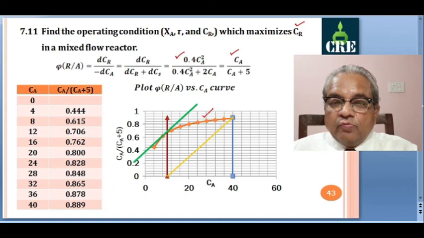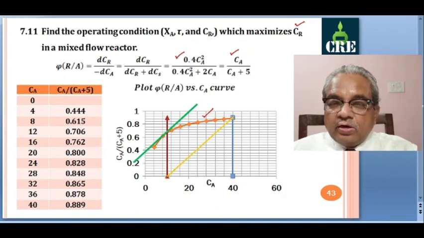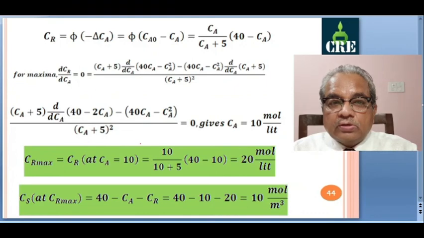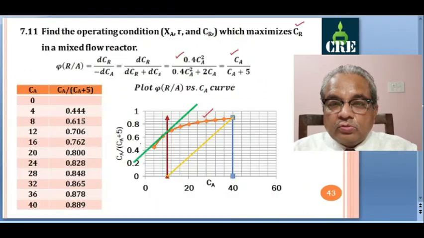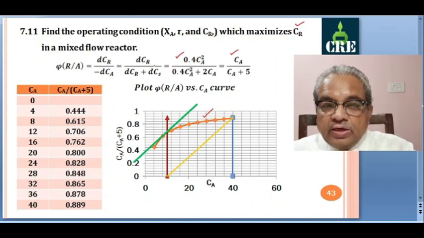So the slope of this diagonal and the slope of this line should be same. So this line is exactly parallel to this. So we have to try a few points and find out the best point. Okay, and this point is found out at CA equal to 10.